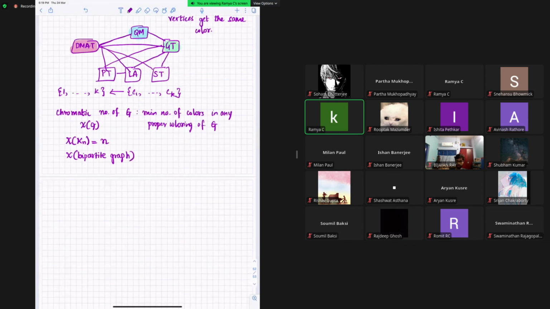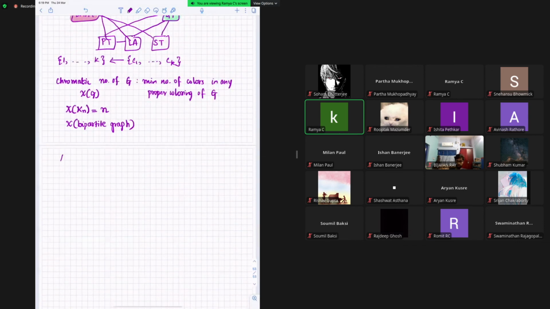Another way of saying this is a graph is k-colorable if there exists an assignment of at most k colors to vertices in G such that adjacent vertices get different colors.